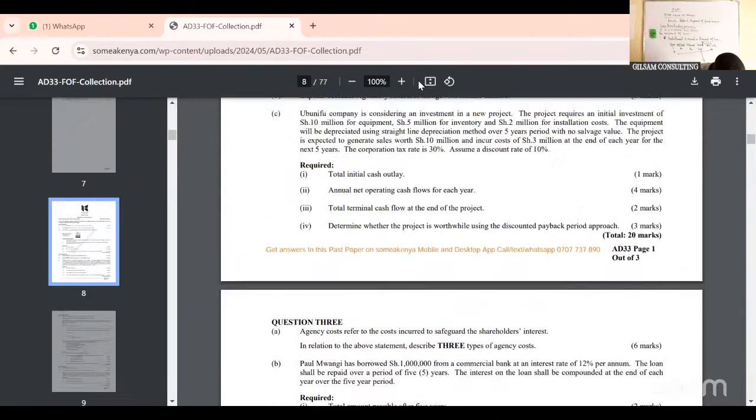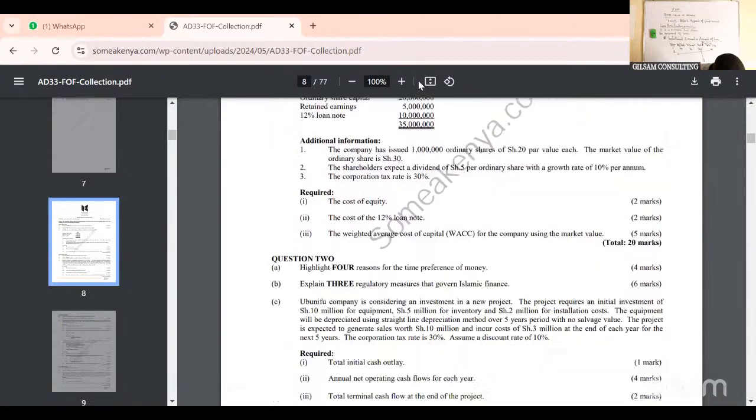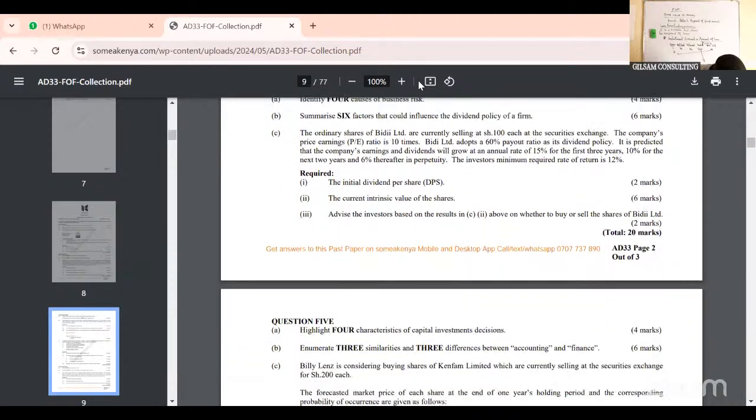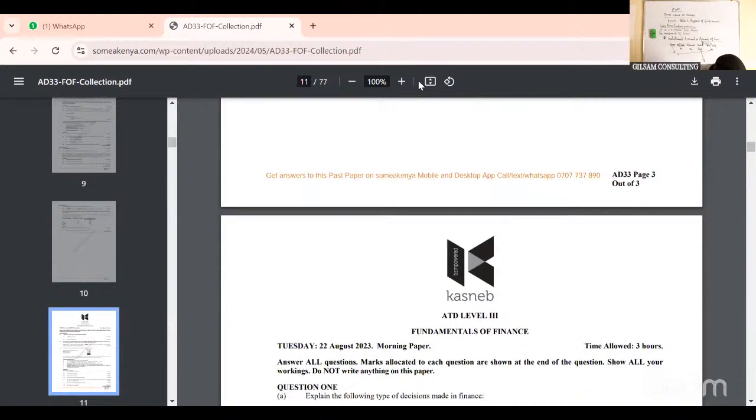This is 2023 December. Let's see that amortization. When you see the one written loan amortization, tell me which sitting it is.